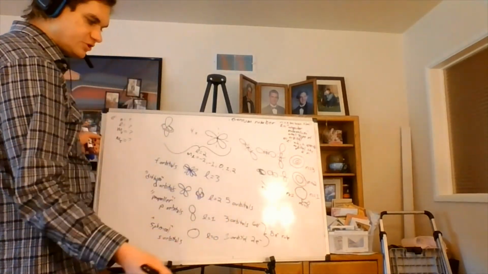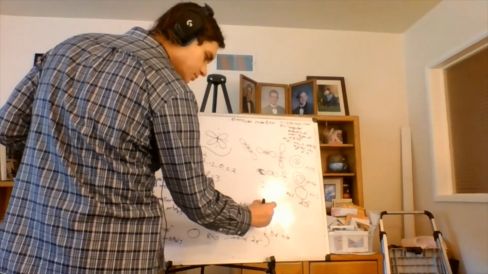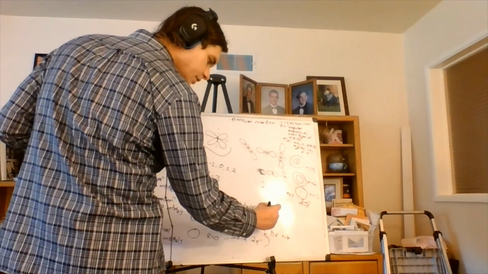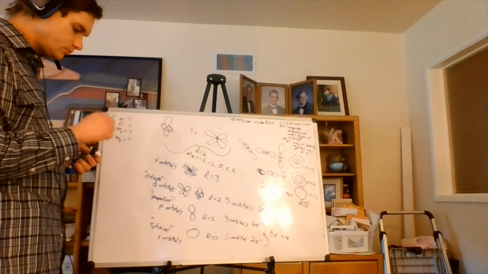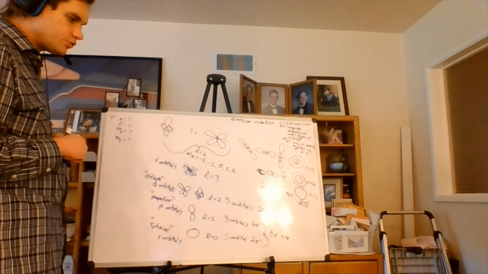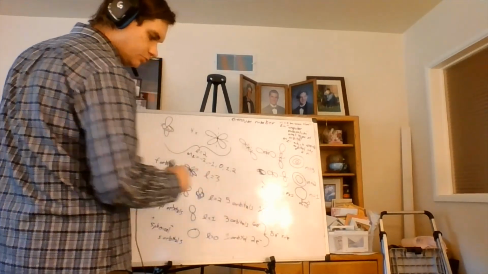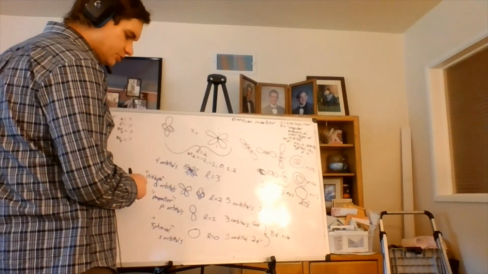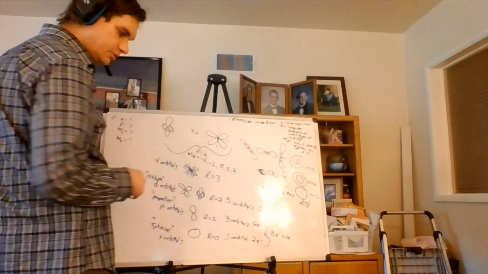And because we can fit 2 electrons into each one, we end up with 10 electrons total. In transition metals, we often talk about the 18 electron rule because transition metals can use the d orbitals in bonding.